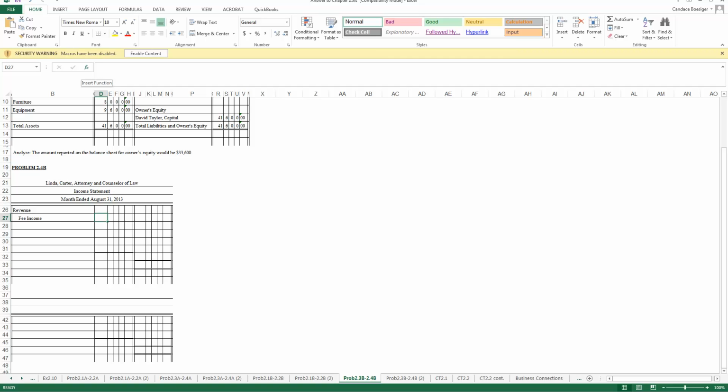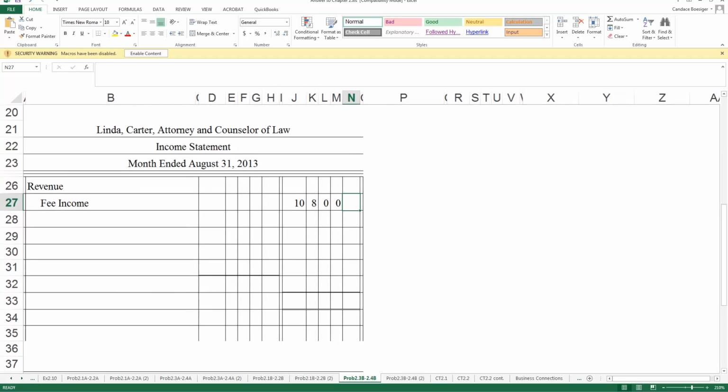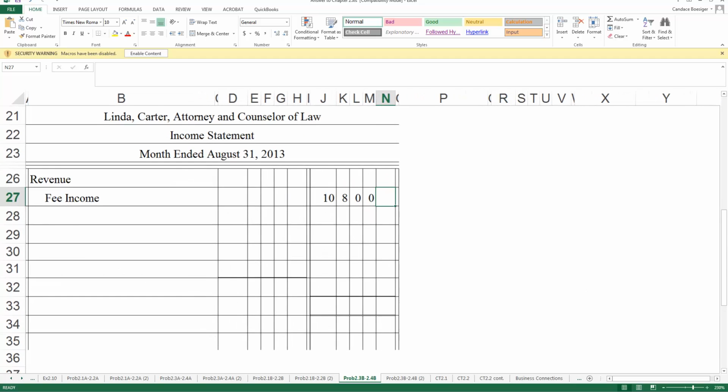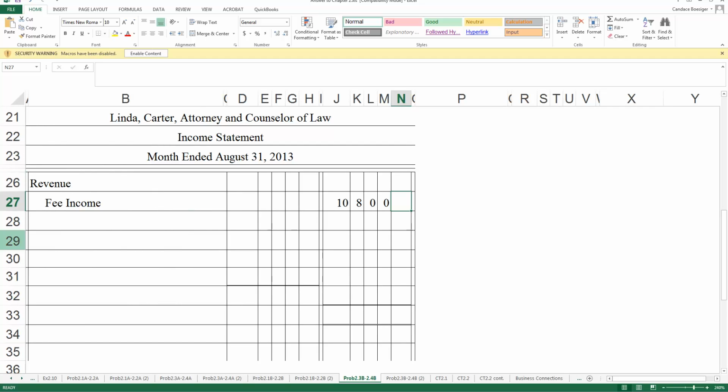We are going to get our revenue number from that revenue column. We're going to go all the way to the bottom until we get to fee income.